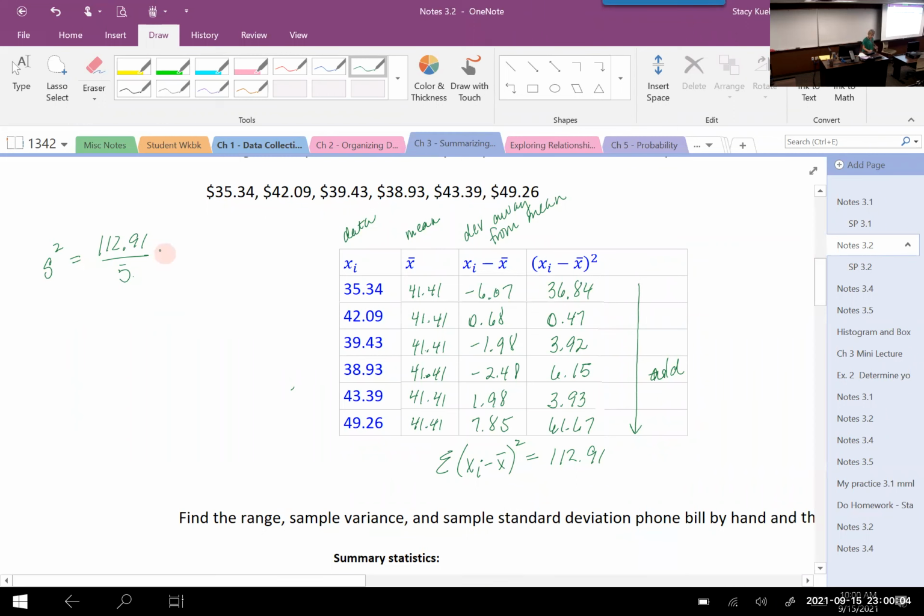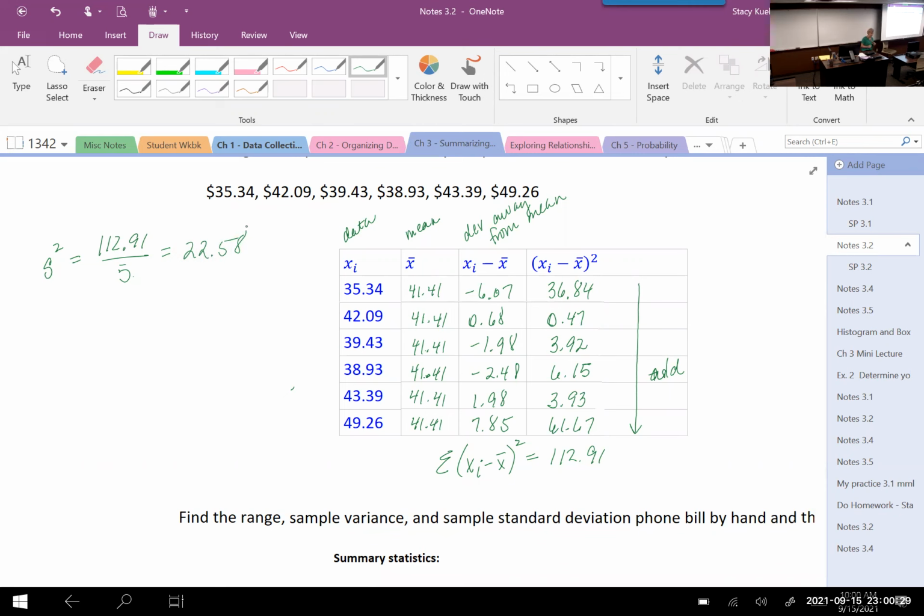And when I do that, on your calculators, what value do you get? 22 point what? 22.58. That's the variance. That's the square.